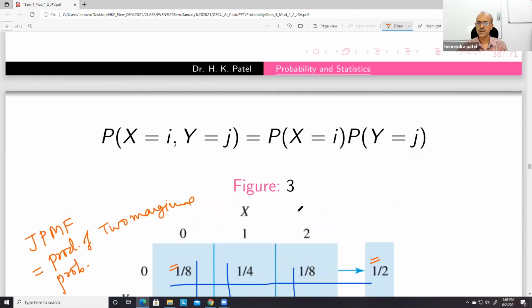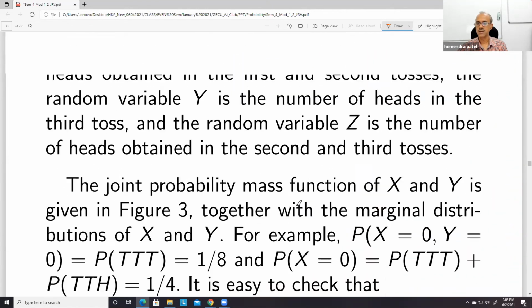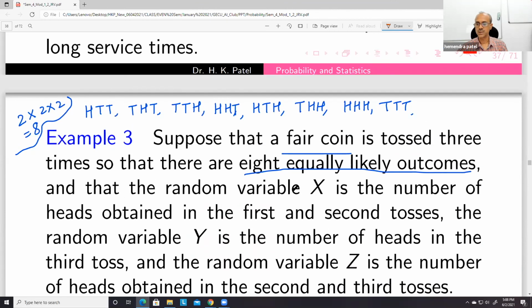Okay, and this is very obvious because of the nature of the random variables. x is not dependent on y. Because x talks about the first and second toss, and y talks about the third toss. So naturally they are independent. There is no dependency.